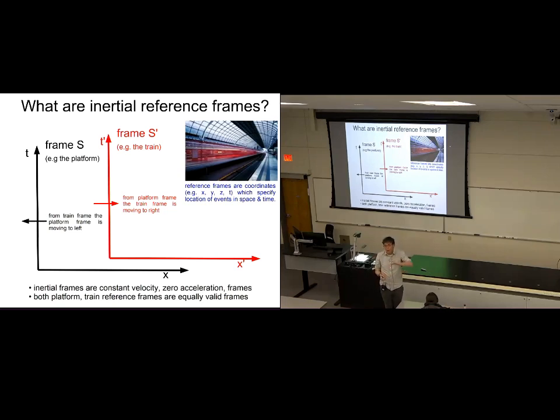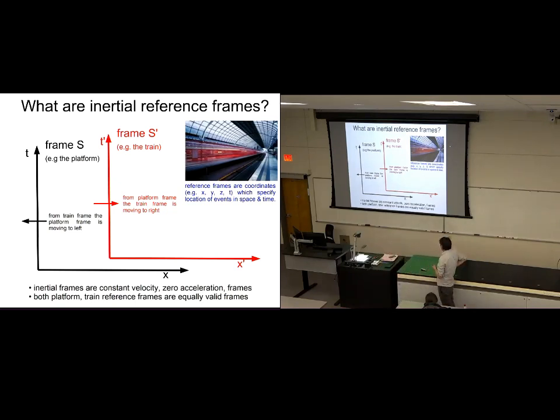So the train and the platform reference frames are equally valid, and you can consider one as moving and the other as stationary. We could consider the platform as stationary and the train as moving, or vice versa. Both of those are equally valid.